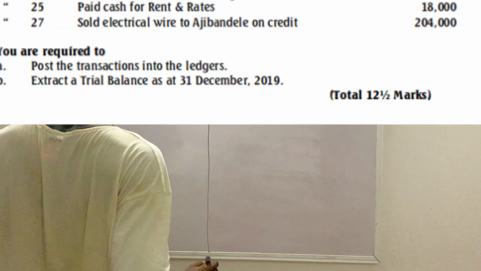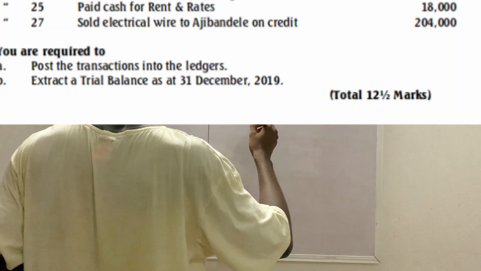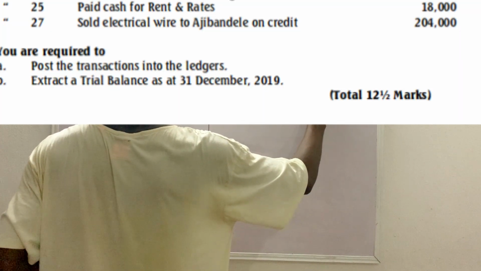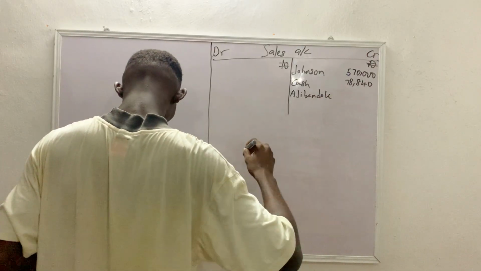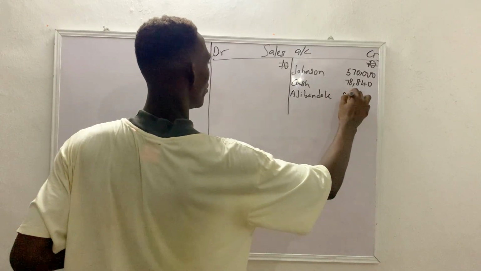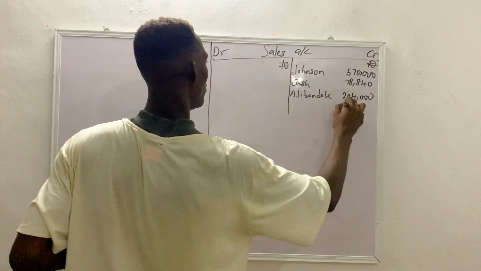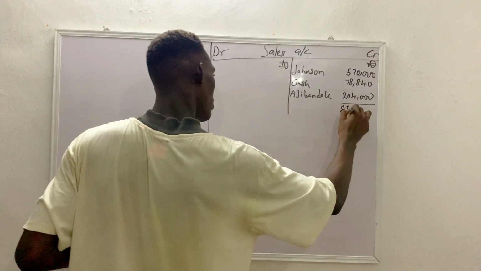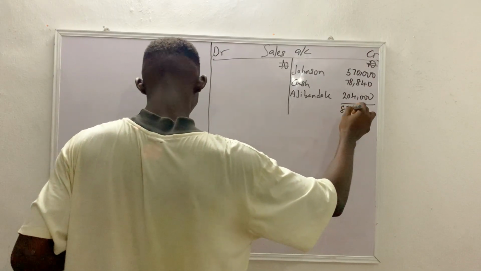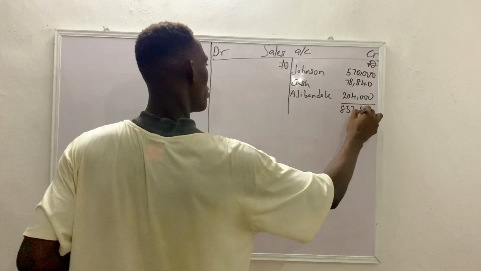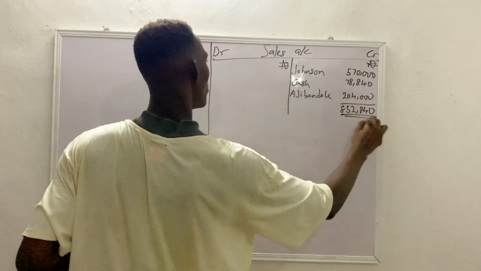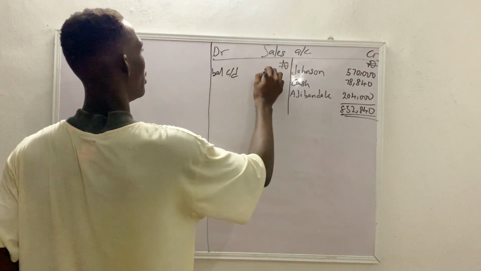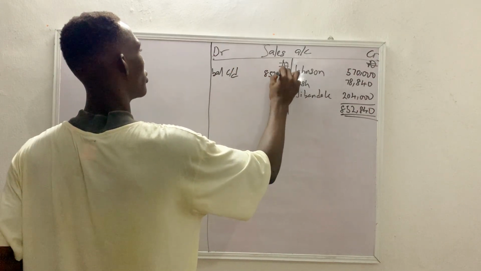Then on the 27th, Ajibandele, 204,000 naira. So if you sum this up, it will give us 852,840. So here will be our balance carried down, 852,840.